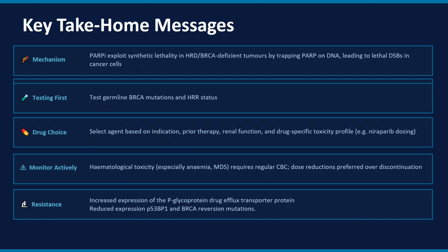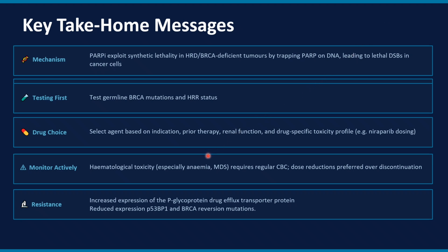So the take home message is that PARP inhibitors exploit synthetic lethality in BRCA deficient and HRD deficient tumors, and we test for BRCA mutations as well as HRR status.